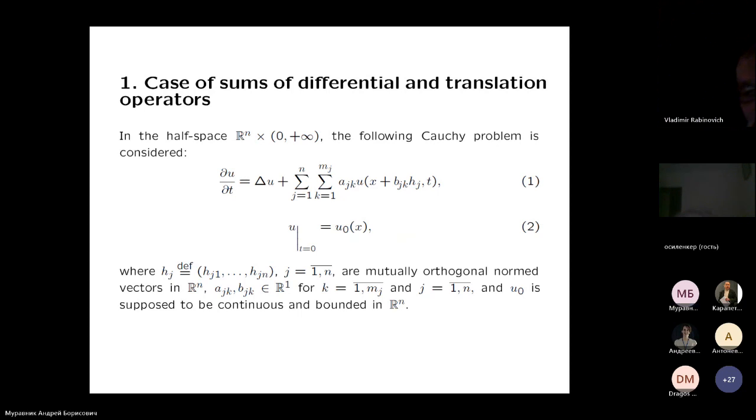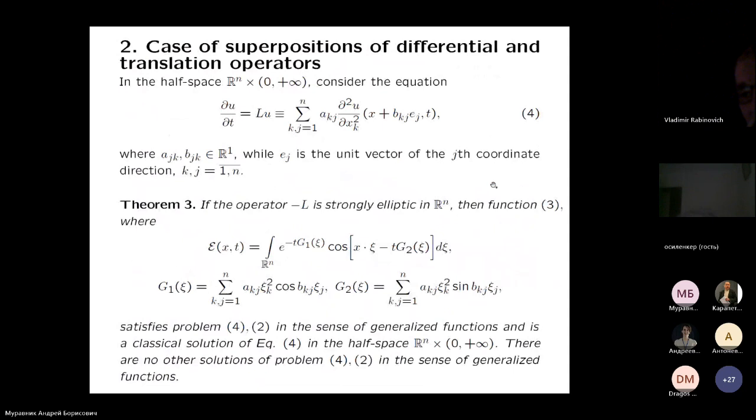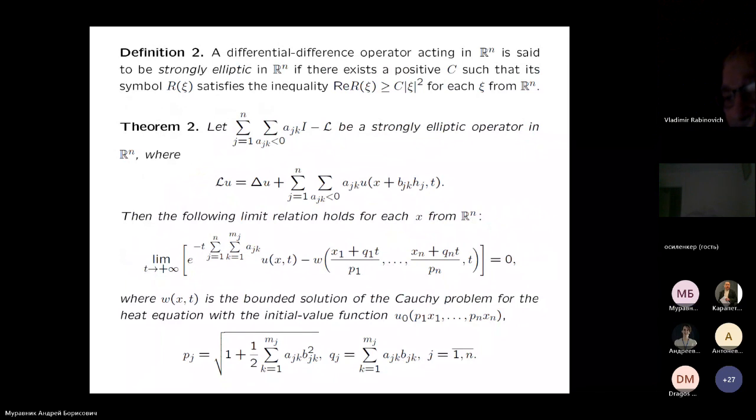So in this case, if we would not have non-local terms, then our W would have just one exponential factor.